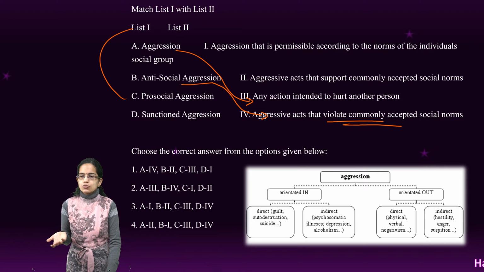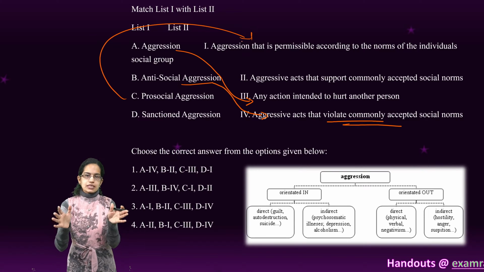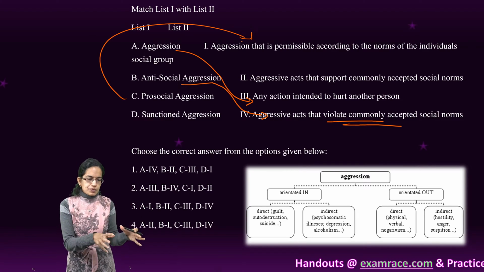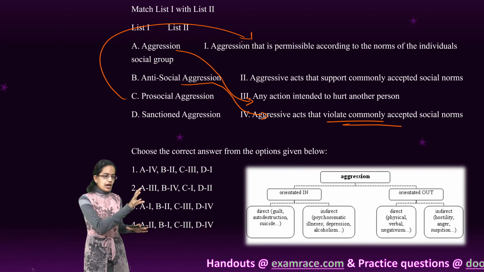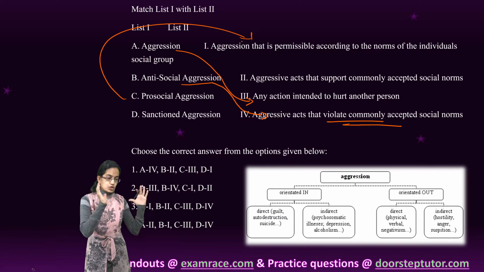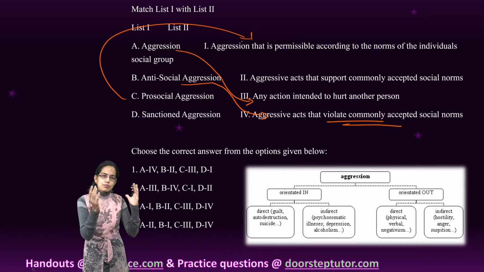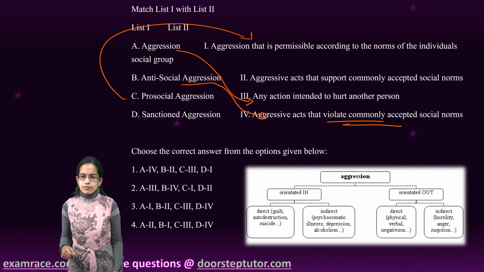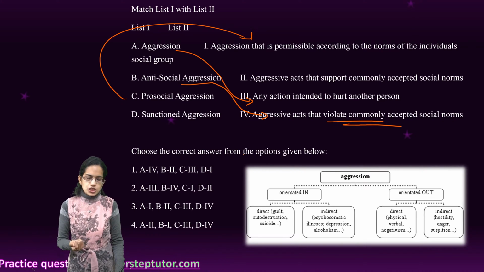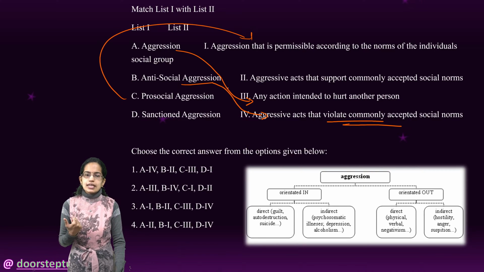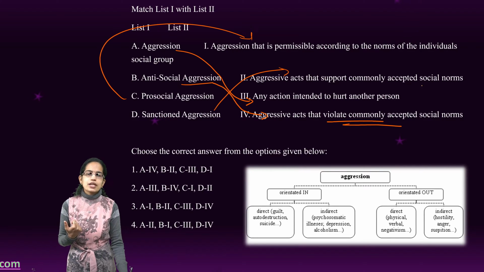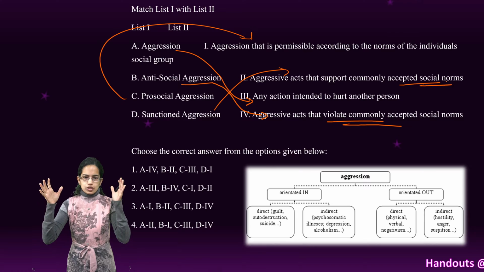Pro-social aggression is where aggression is permissible to a group of people. That means it is desirable in a given group of people, and a group of people agree with that phenomena. And finally is the sanctioned aggression. Sanctioned aggression is one which is supported by a group of social norms.